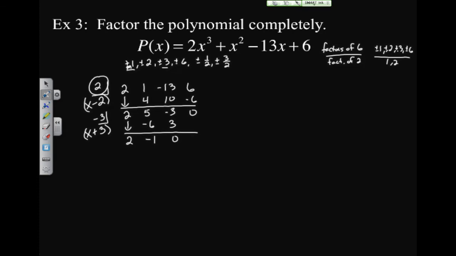So now, notice we had x cubed when we began. After we found one solution, it was down to x squared, and now this is just x. So this is really 2x minus 1. That's the factor that's left. The ones we divided out were the x plus 3 and the x minus 2. So our function p of x is 2x minus 1 times x plus 3 times x minus 2.